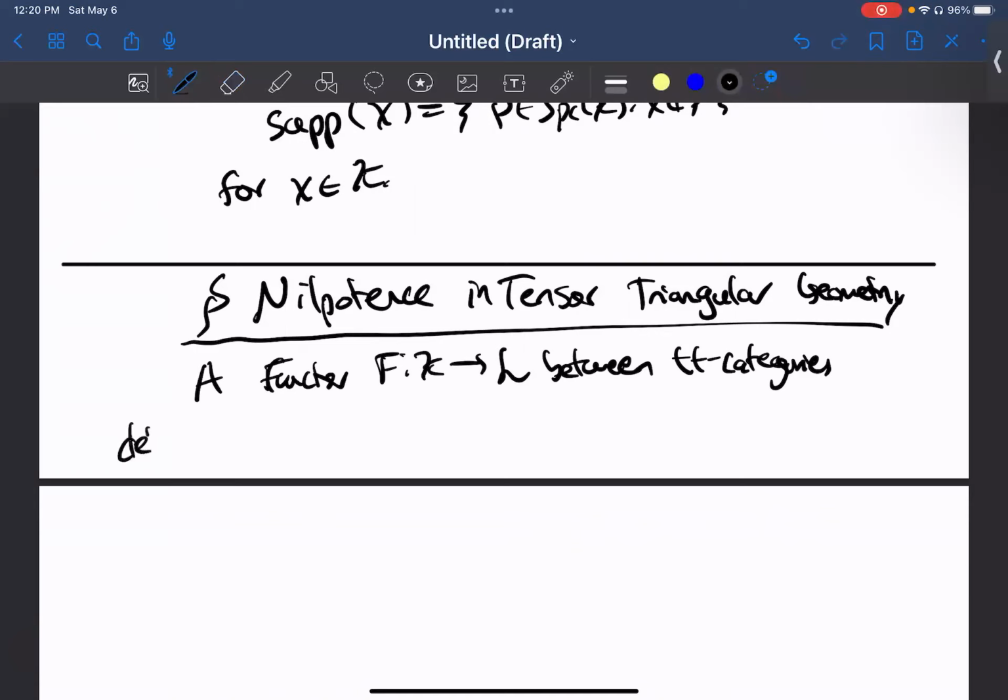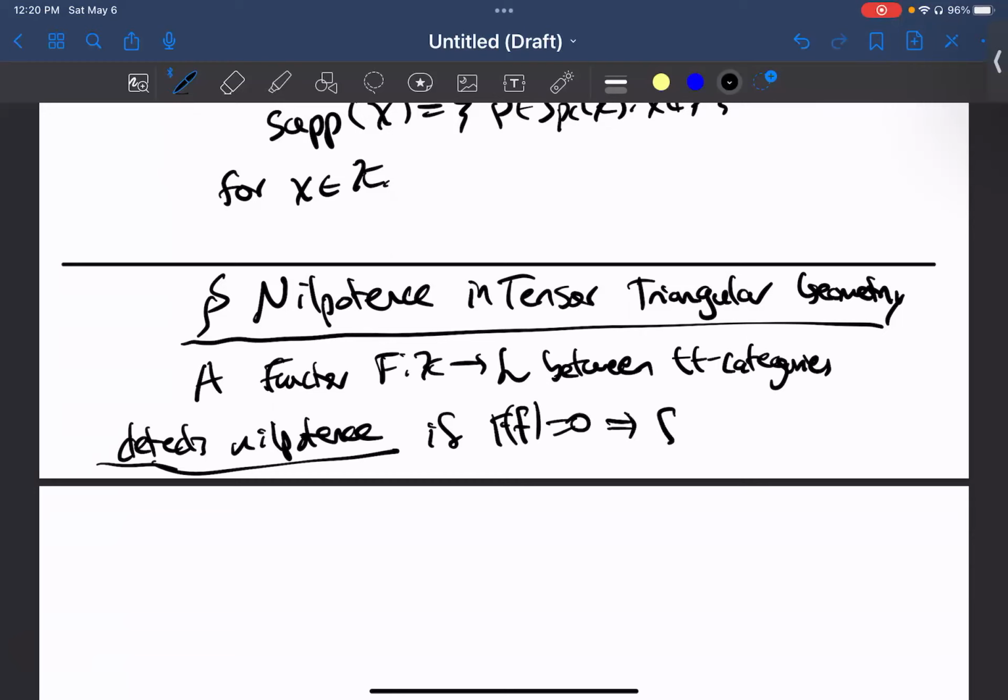So we're going to say it detects nilpotence if F of a map f equal to 0 implies that f to the tensor N is equal to 0 for N much greater than 0.